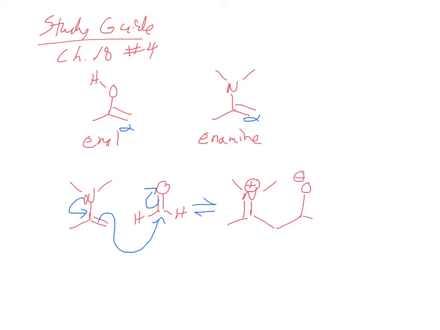There should be an O minus. Does that look right? We made a carbon-carbon bond here, and we've balanced our charge. So we ask ourselves the same question we always have. We have a tetrahedral intermediate. Do we have any good leaving groups? Nope, not now. 2 H's and a carbon, no good leaving groups.